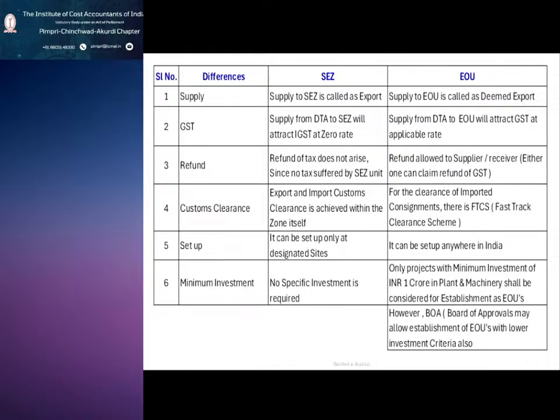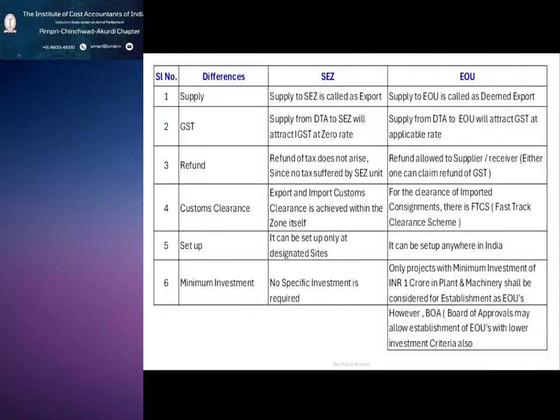So it is not always necessary to invest 1 crore; EOU can be established even with lesser investment. So these are the differences between SEZ and export oriented units.